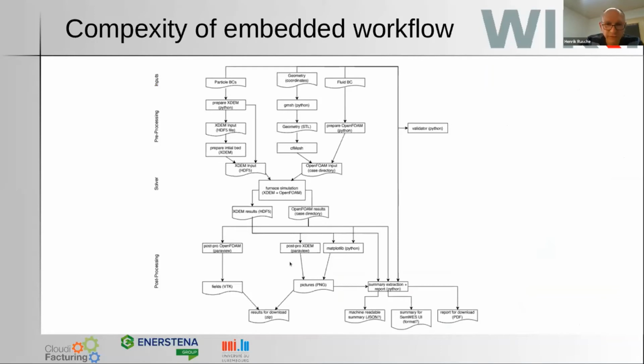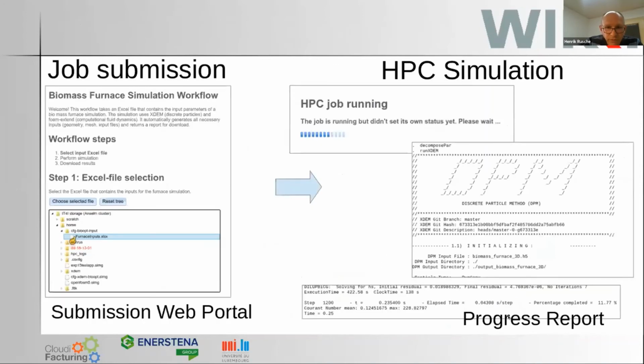The workflow is quite complicated. Every box is software that is run, and the wavy boxes are files being exchanged. You get a picture of what is actually required, so it's quite a lot running behind the scenes. On the front end, you have a submission sheet, which looks a bit different in the CloudiFacturing platform.